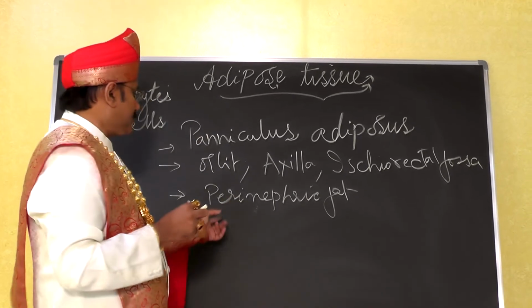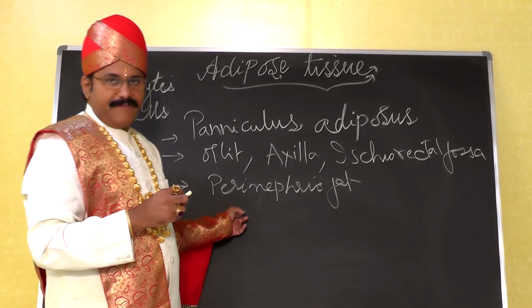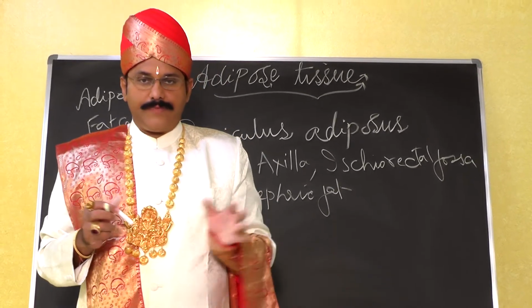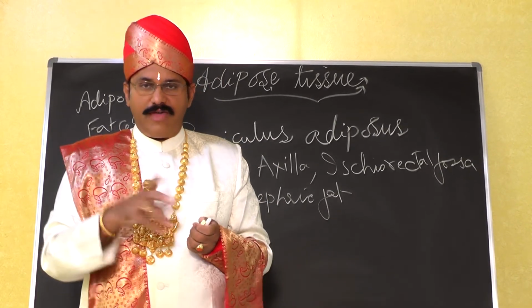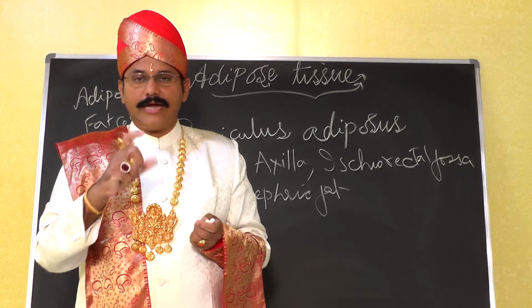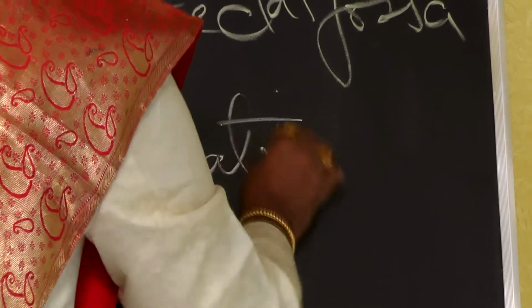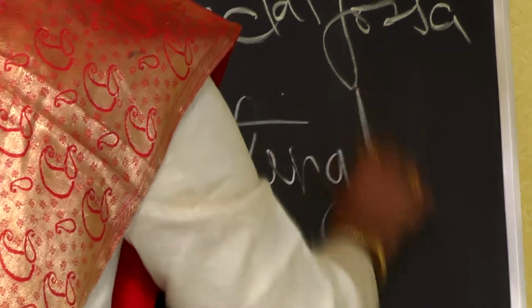The perinephric fat, which forms a cushion for the kidney, will melt, and once this melts away, the kidney starts moving, and that is called floating kidney.